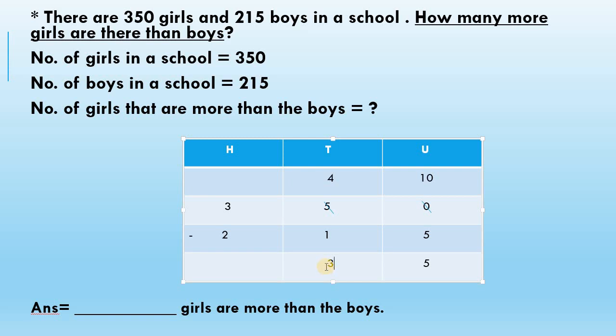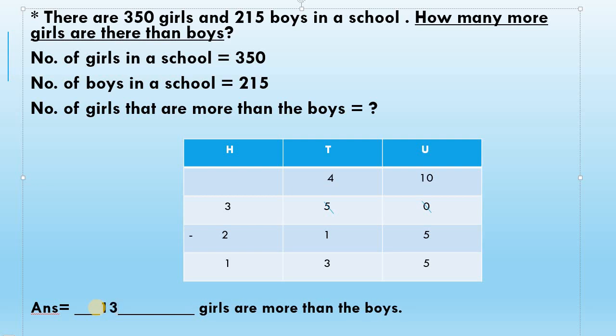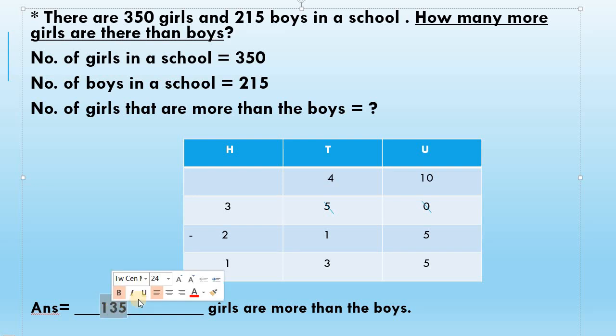Okay boys? And 3 minus 2 is 1. So the answer will be 135 girls are more than the boys. Okay boys?